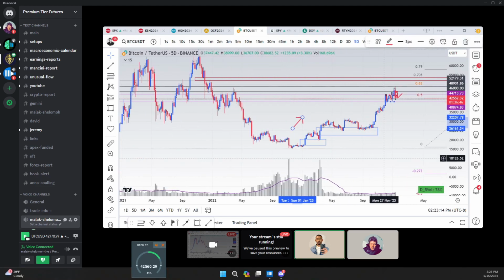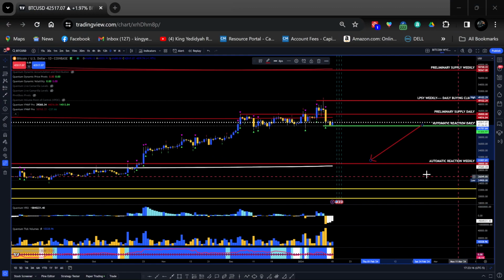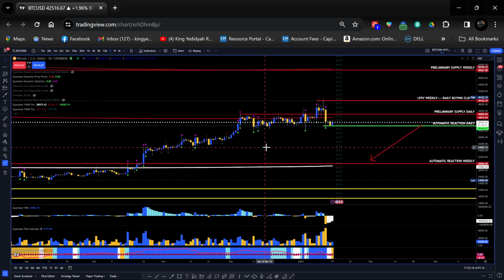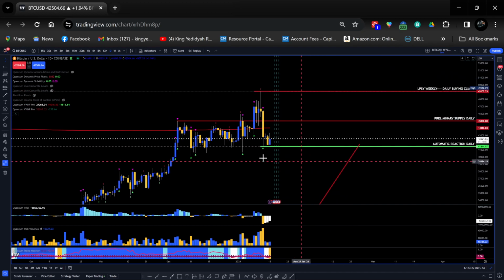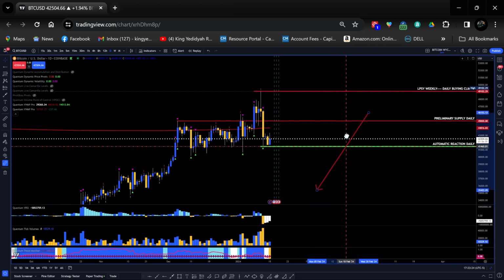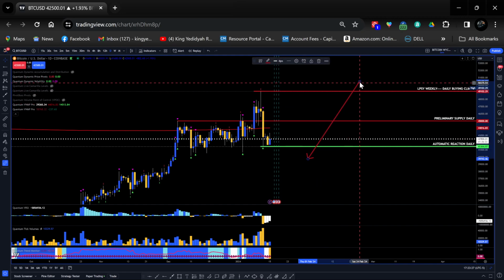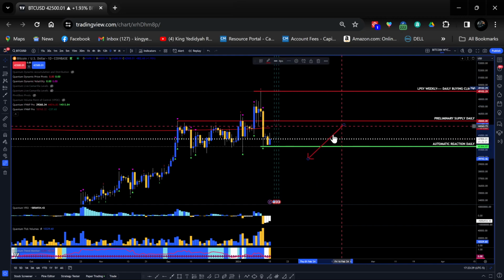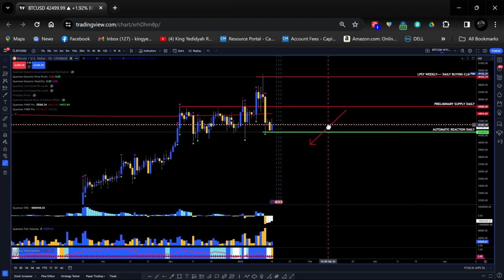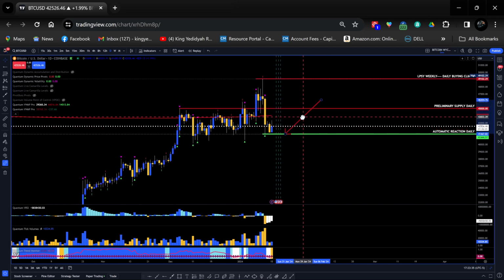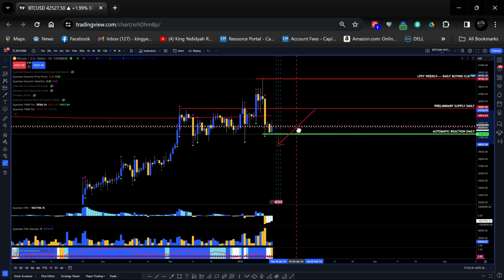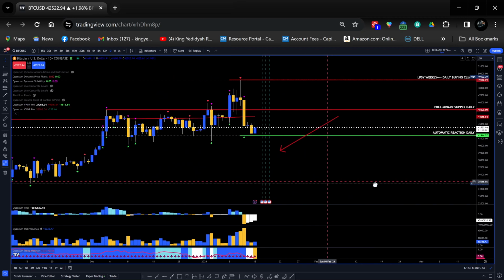Okay, let me share my screen over here. So this is the daily chart as well. Just with this structure right here, if I were to place a trade, I think I want to break this level here at the automatic reaction on the daily at 41,444 and probably get a little retest. Let's see if I can make this bigger.